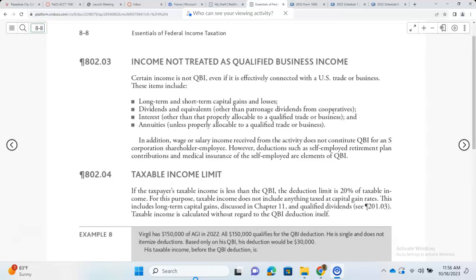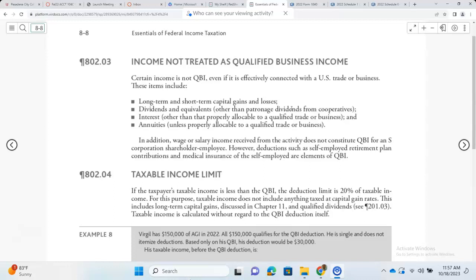I don't know exactly what type of business it is. It says if you get dividends from that type of cooperative business, but Google what cooperative business it is. It says if you get dividends from that, that might be included, but overall, dividends are not. So I don't know what that patronage dividend from cooperative might be. I've never seen it myself. I never had experience with it.